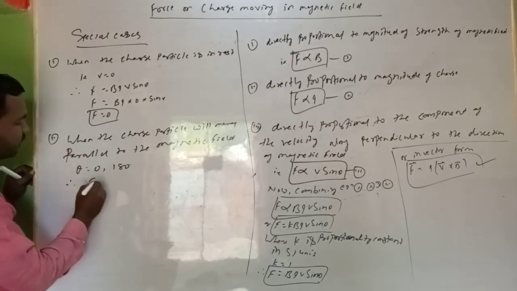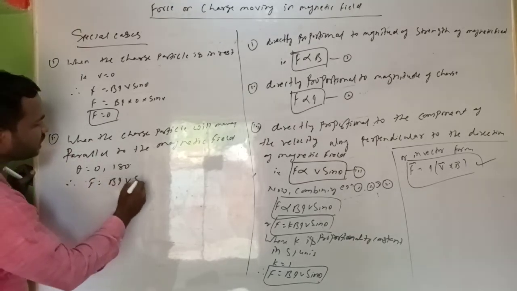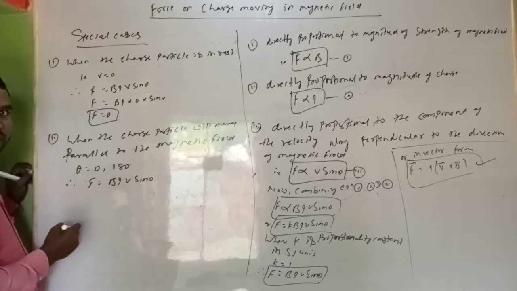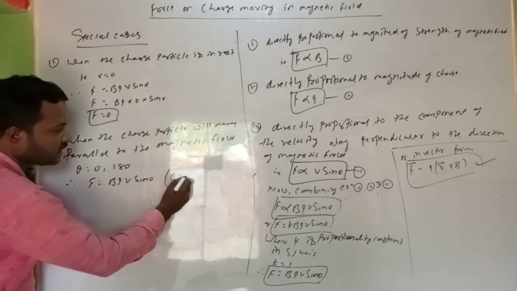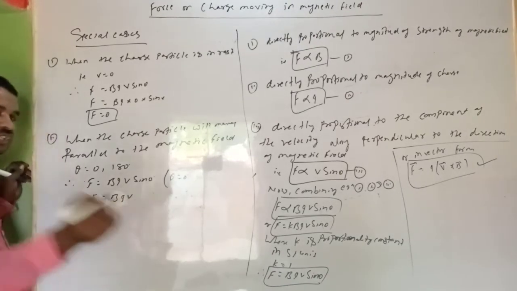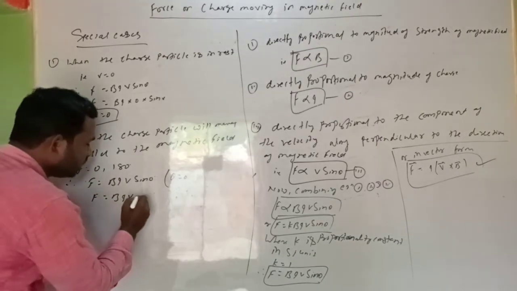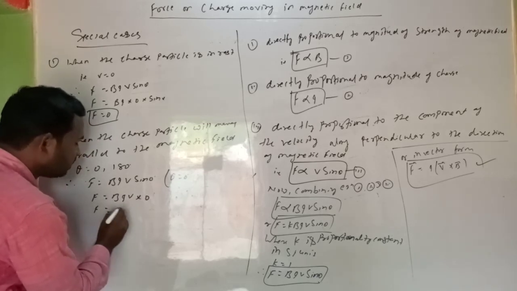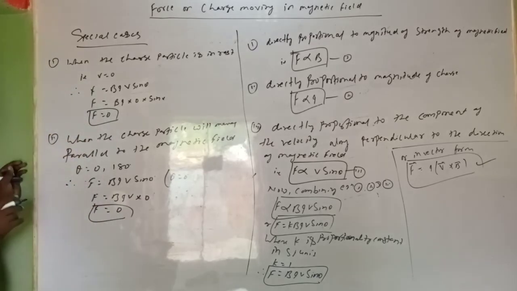Therefore, F equal to BQV sin 0 degree. Why? Because theta is equal to 0. What is the value of sin 0? 0. Very good. It means F equal to 0. Here also the force will be 0.